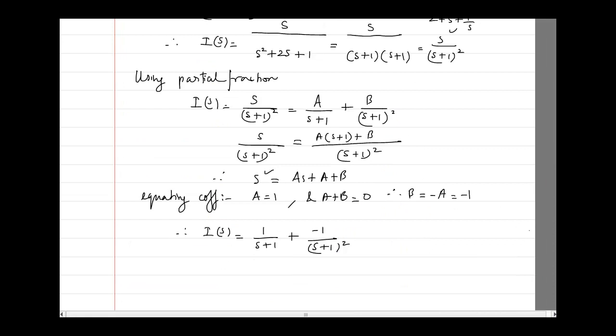So taking the inverse Laplace transform, I will get I of t. The inverse Laplace transform of 1 by S plus 1 is e raised to power minus t, then minus 1 is there, so minus t e raised to power minus t, because I am having the denominator S plus 1 square, that square is for t.